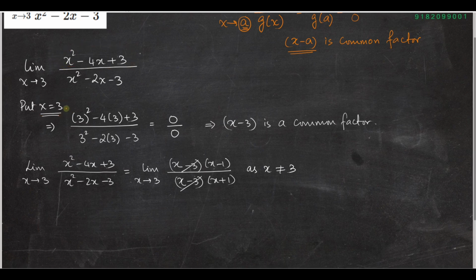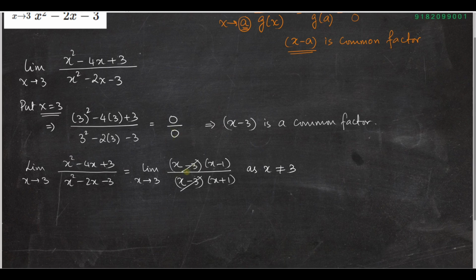Our hope was we would have obtained a finite value for the numerator and the denominator, or in some cases, the denominator will not be 0, the numerator can be 0, and therefore the limit value is 0, which is perfectly acceptable. But when we are cancelling these two terms, you must note that we can never cancel these terms when we actually put x equal to 3, because then we are actually cancelling 0 by 0, which is meaningless.